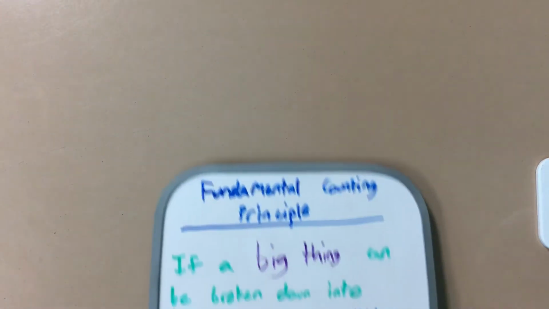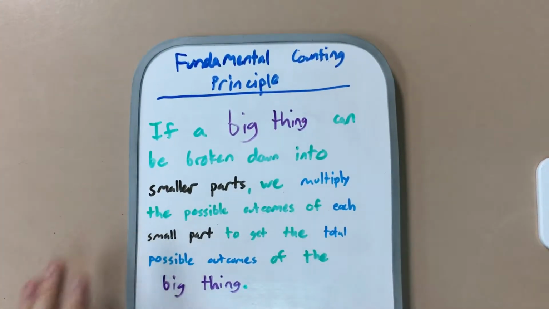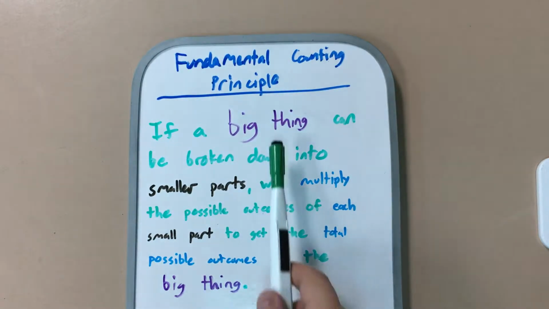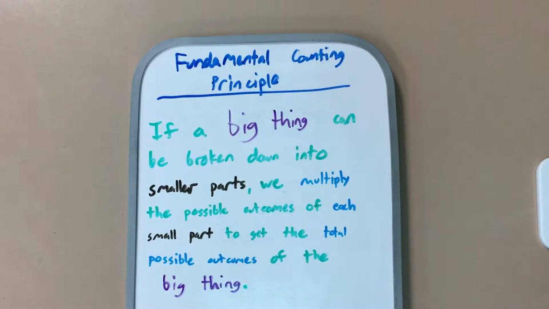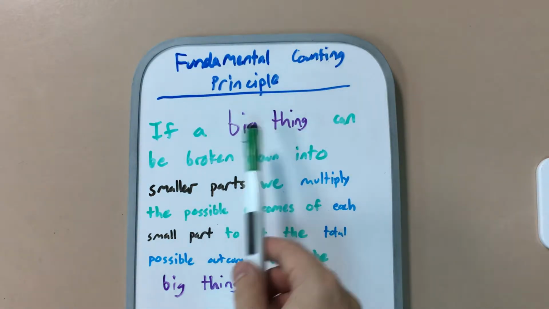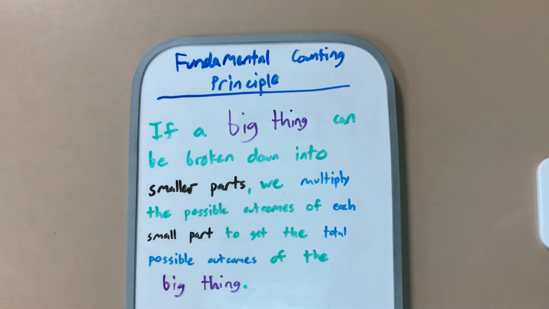And we're going to start with a big idea called the fundamental counting principle. Essentially, if we have a big thing, like the three examples I'll give will be a fancy dinner with a tiny menu, choosing an outfit for a day, and then choosing a passcode for your phone. If a big thing like this can be broken down into smaller parts, so the different parts of the meal, or the different items of clothing you'd put on your outfit, or the different digits in your passcode, we're going to multiply the possible outcomes of each of those small parts.